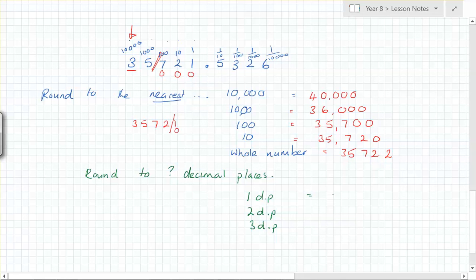So we're going to have 3, 5, 7, 2, 1. That never changes for all of them, because when we have to a number of decimal places, the whole number bits don't change. It's just the decimal places. So, Yadami, to 1 decimal place will be 35,721.5. Tatiana, 2 decimal places.